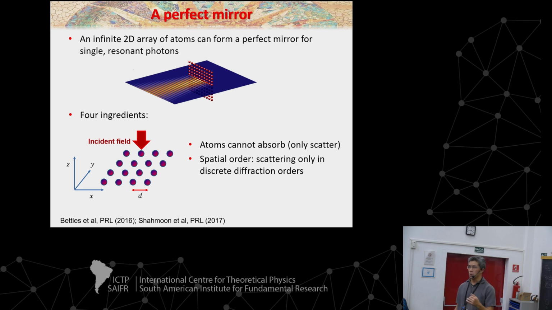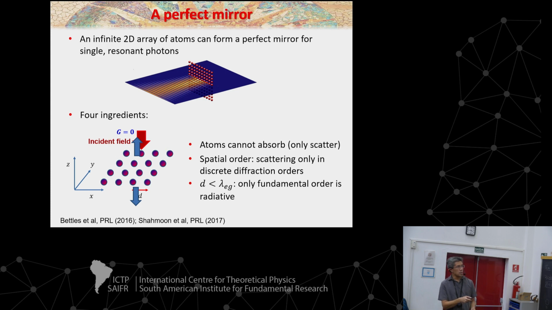When I have spatial order, you can think of this object classically as a Bragg grating. So if I have a Bragg grating, I shine in light at a well-defined direction. That Bragg grating cannot scatter light randomly into other directions. I can only create discrete diffraction orders. As a first example, the fundamental order would just be direct transmission or reflection. I can have a first diffraction order into a well-defined angle, where essentially my lattice of atoms adds 1 unit of reciprocal lattice momentum, so 2 pi over d, to the light.